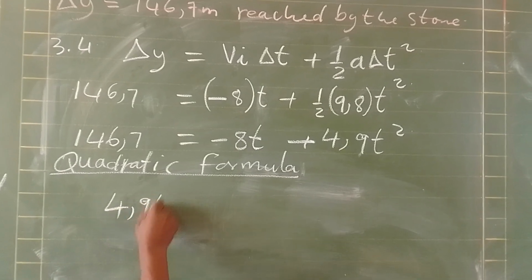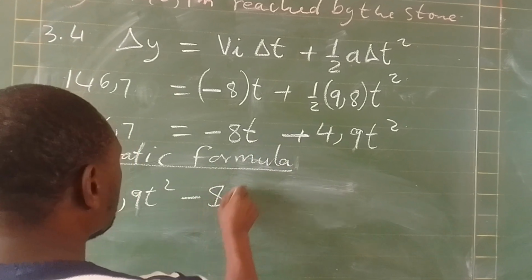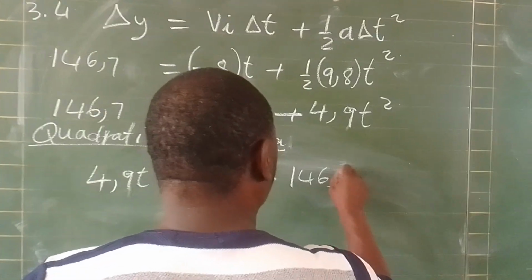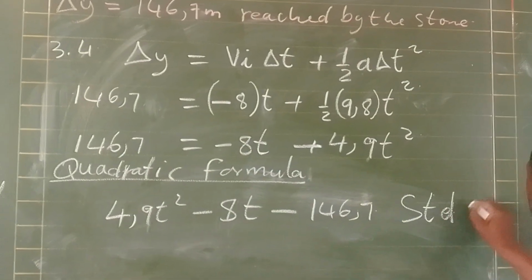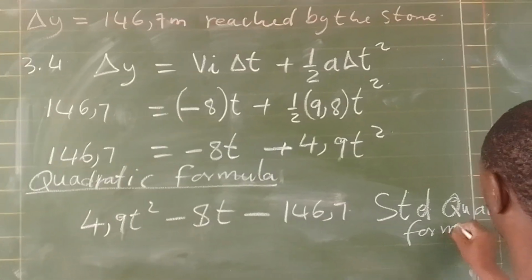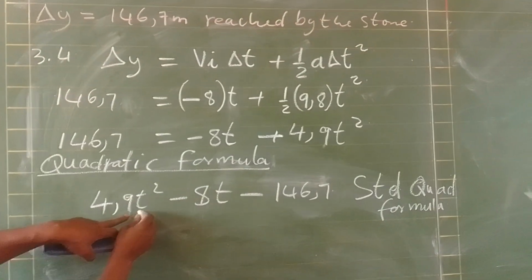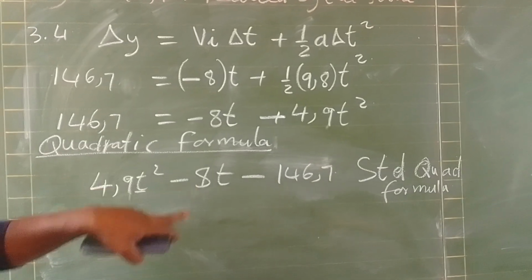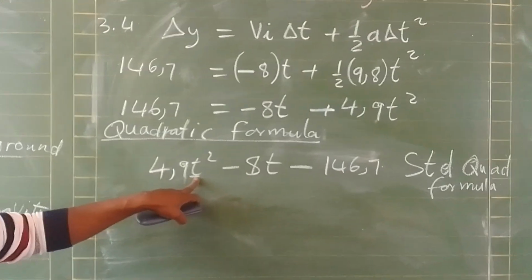It's 4.9 t squared minus 8t minus 146.7. Now this is a standard quadratic, and we are looking for t. The formula says x equals minus b plus or minus the square root of b squared minus 4ac, all divided by 2a. But instead of x, we are using t.